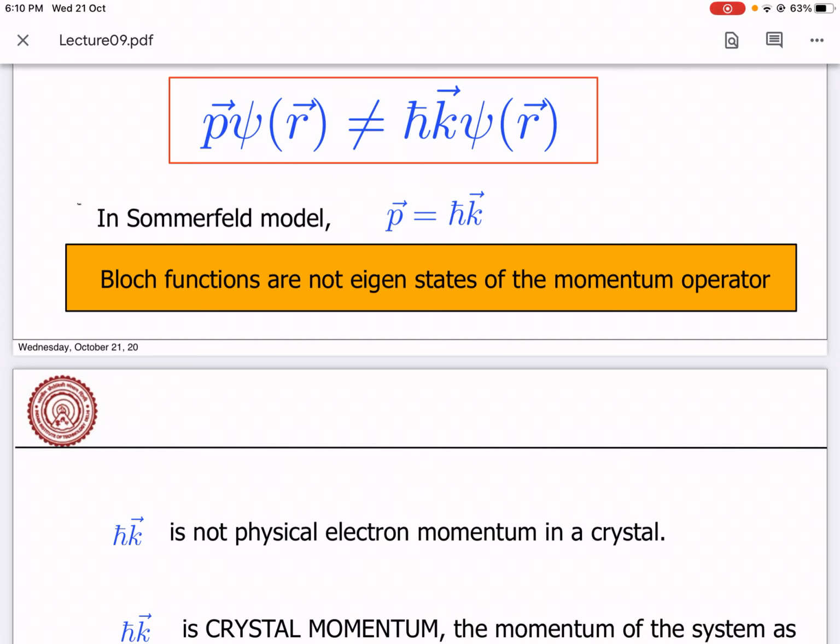But for Bloch electrons, when you are describing the electrons in the presence of a periodic potential with the Bloch function, these are not eigenstates of the momentum operator. Therefore we cannot say h-cross k is a physical electron momentum.